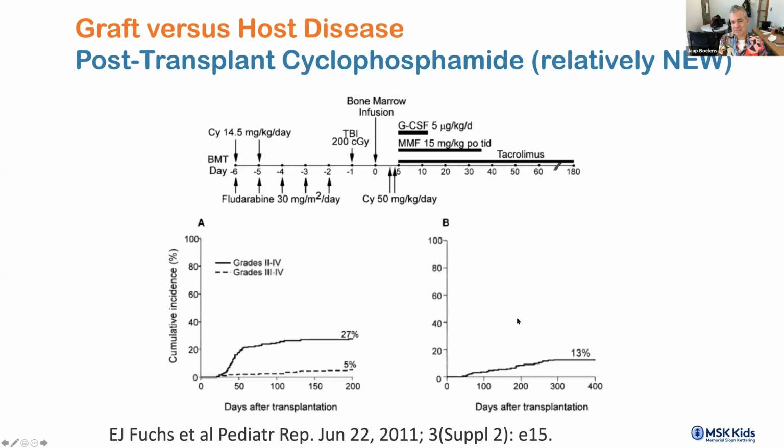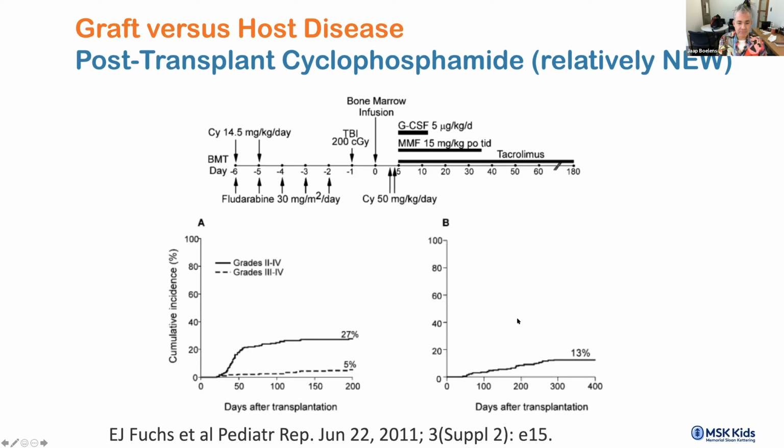Because the hypothesis is, and this is also shown in the lab, that when you give the cyclophosphamide between day 3 and day 5 after transplant, you will mainly kill the lymphocytes, the cells that give GvHD, that are, let's say, proliferating very fast. So that's the bad guys. So you mainly deplete and get rid of your bad guys that are infused at day 0. And actually, it's pretty successful.